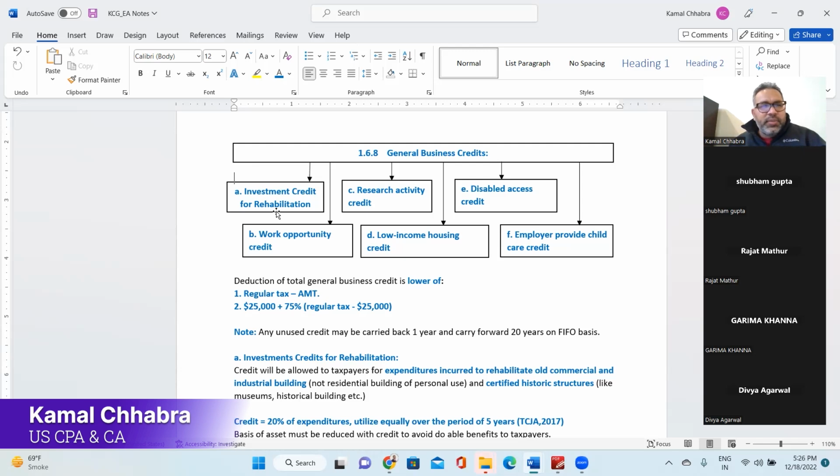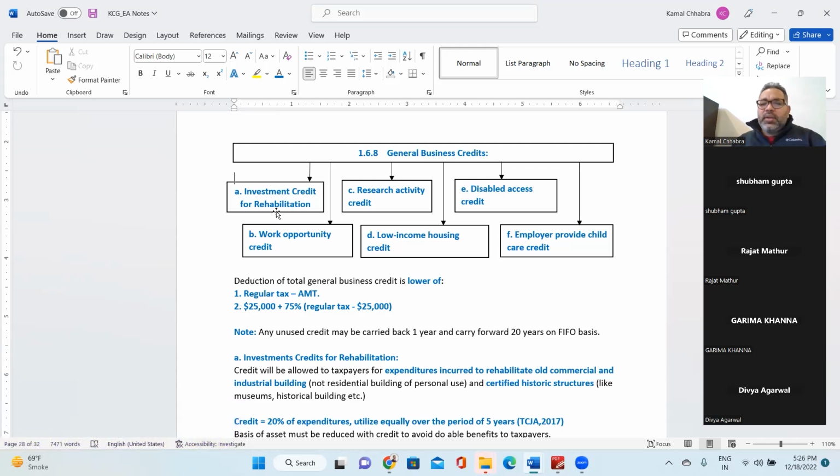All these facilities are provided by the employer, and we get a tax credit as an employer, right? So that's the reason I said this section is more related to business taxes, but it may be possible you are running a business as a sole proprietor or partnership, and you might be investing in all these things, then you can also avail the tax credit in those respective areas, right?